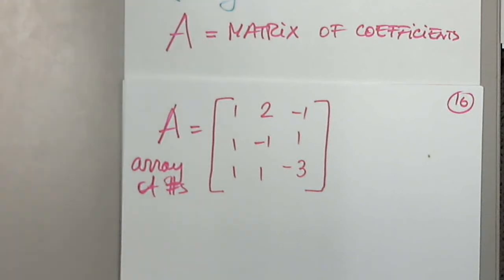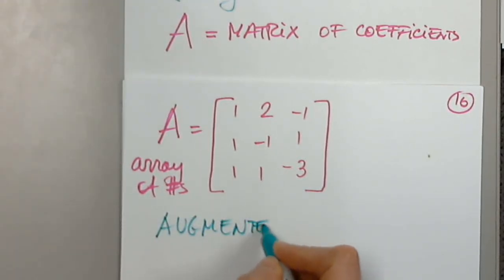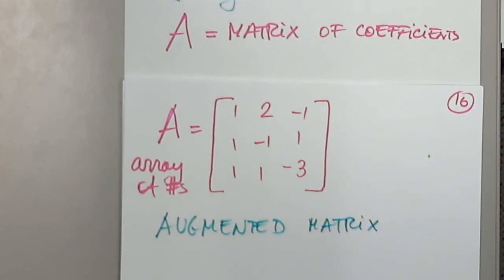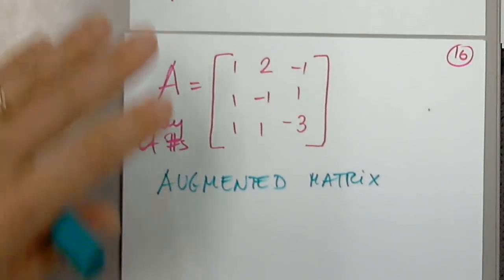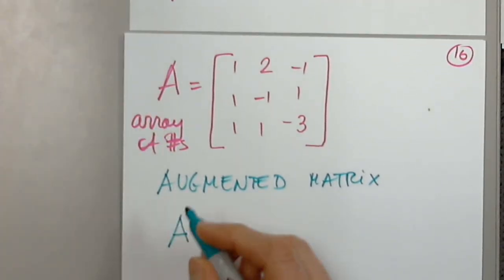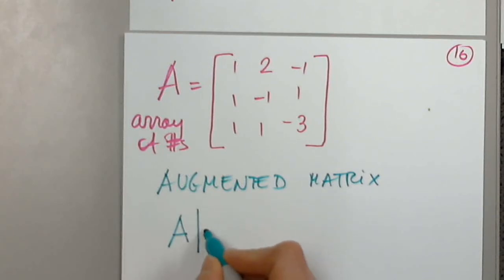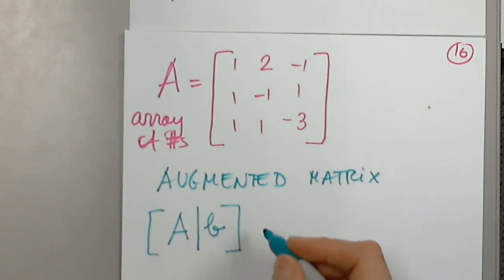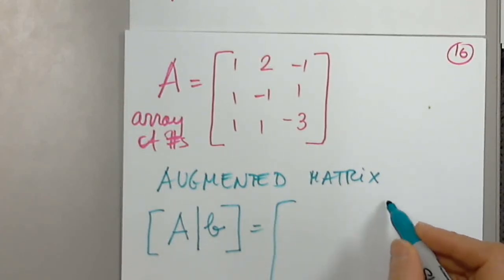Good. Now what is called the augmented matrix is different. The augmented matrix looks like this: A, a vertical bar, lowercase b. I'll explain in a minute. Put them in brackets, and again open brackets on the right-hand side.